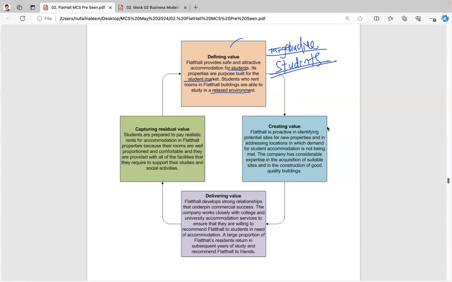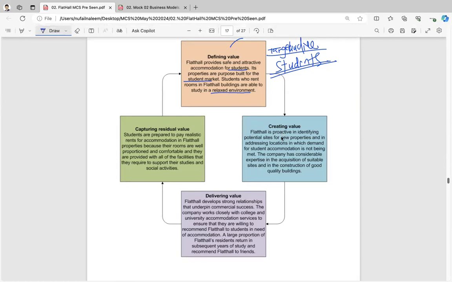But nowadays, we are more concerned about how we can satisfy the needs of the customer by creating value for them. So the creation of value: FlattHall is proactive in identifying potential sites, new properties and locations in which demand for student accommodation is not met.